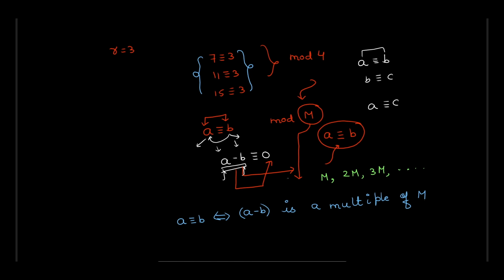This means that you can now group certain elements and you can call them equal, even though they might not look equal, but they are essentially equal.